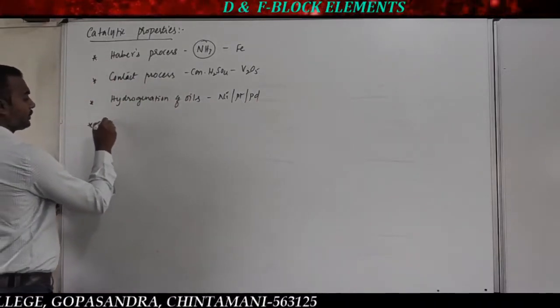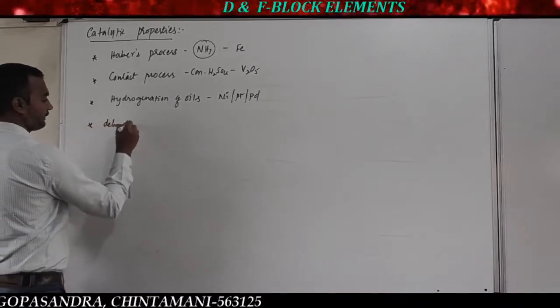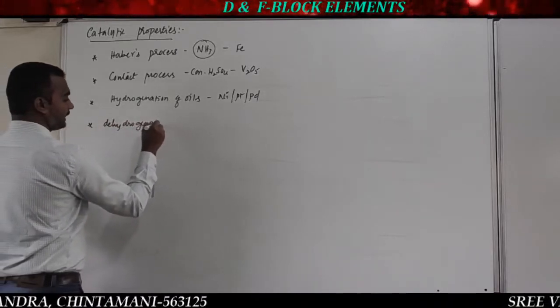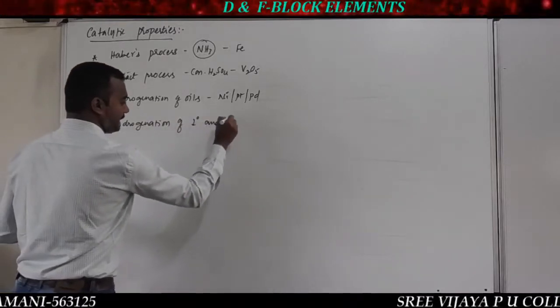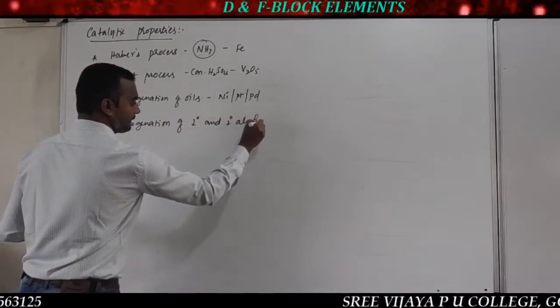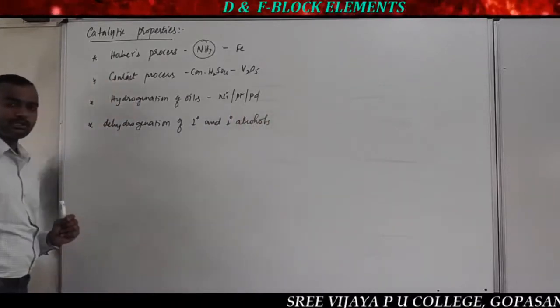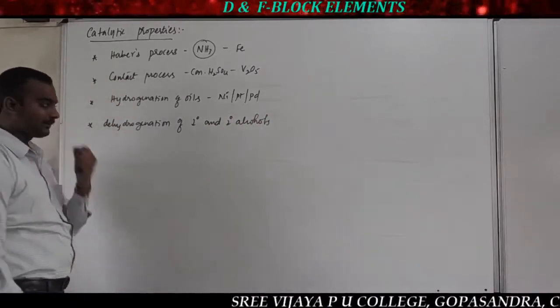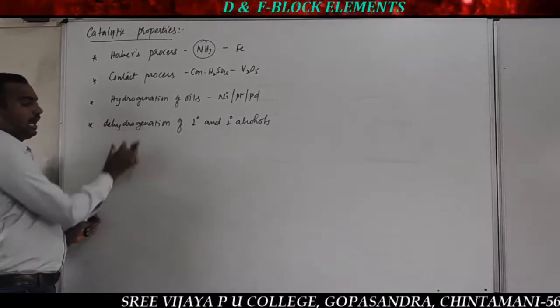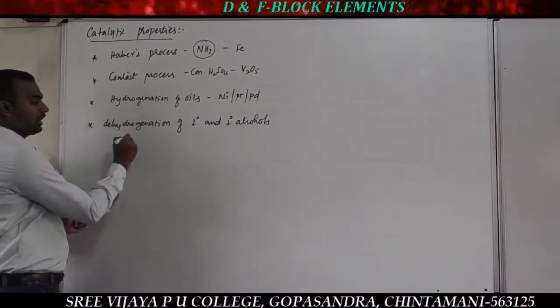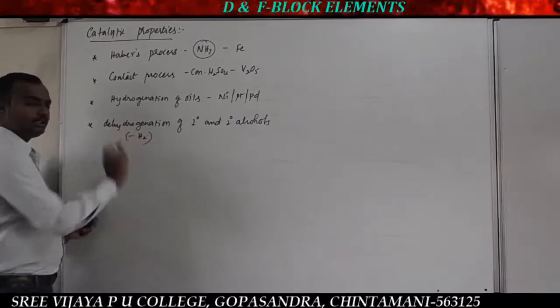Additionally, dehydrogenation of alcohols, especially primary and secondary alcohols. We use this in the alcohols and phenols chapter of organic chemistry. Dehydrogenation: de means remove, so it is nothing but removal of hydrogen. Simple, removal of hydrogen.